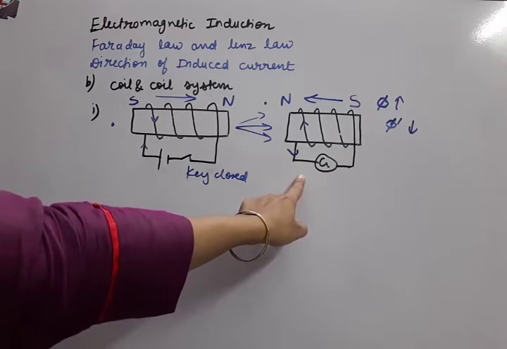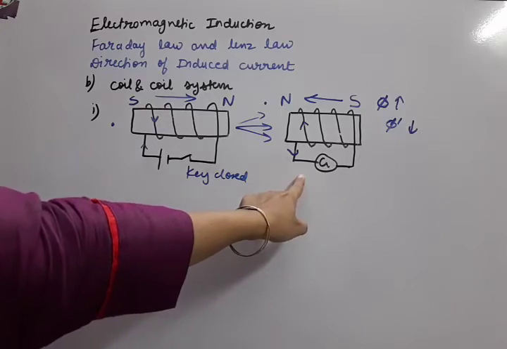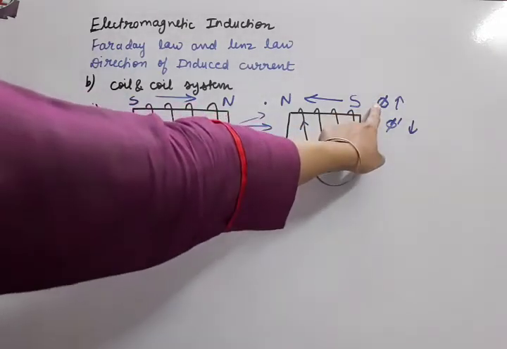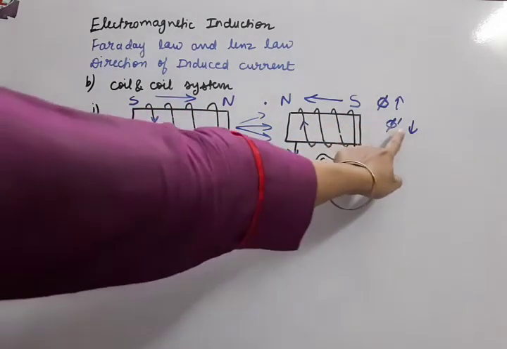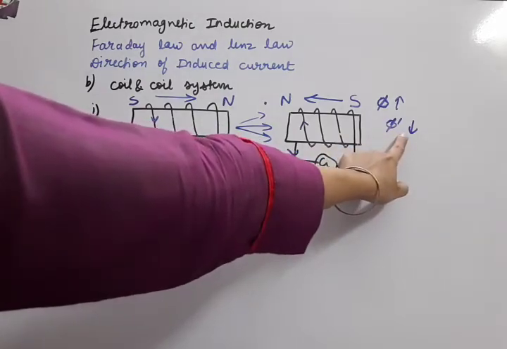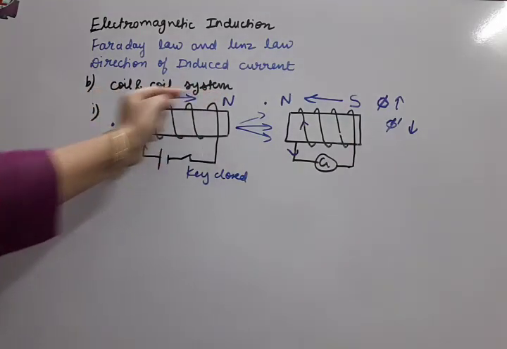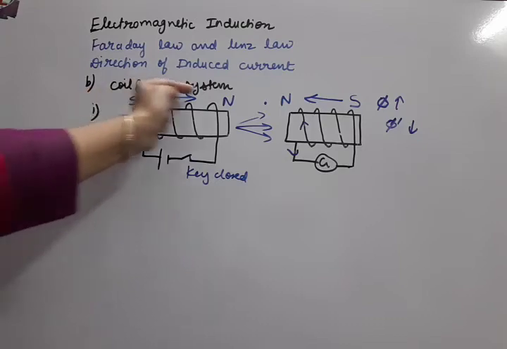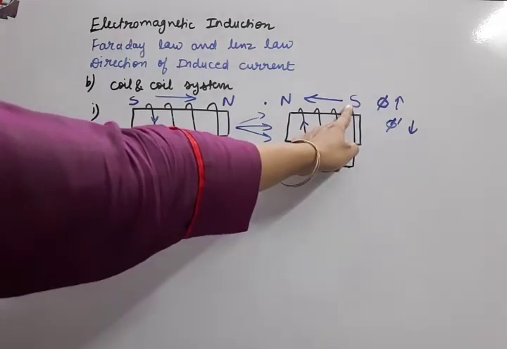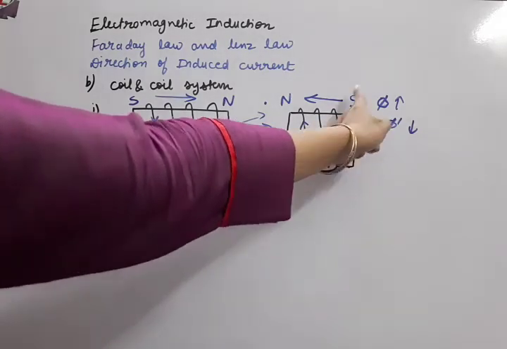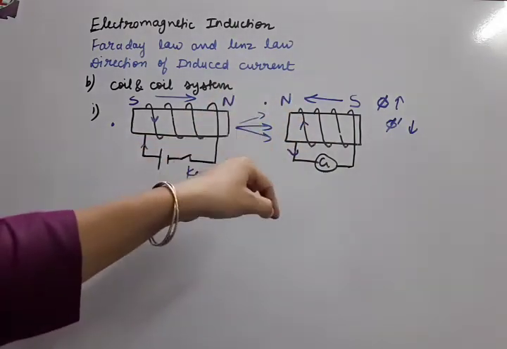Now according to Lenz's law, the direction of induced current is such that it always opposes the cause due to which it is produced. The cause is that an increase of flux appeared, so the induced current will try to decrease the net flux. If the field line of the original coil is from south to north this way, the secondary coil's south should be here, so that its field line is opposite, because two opposite vectors give a lesser result.